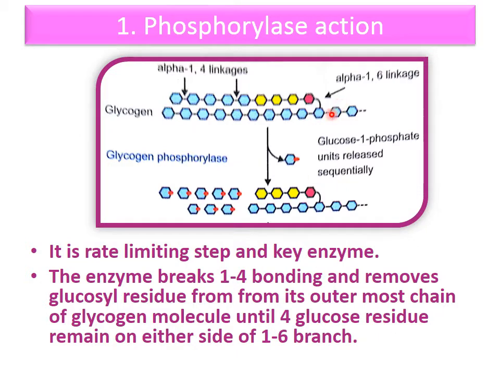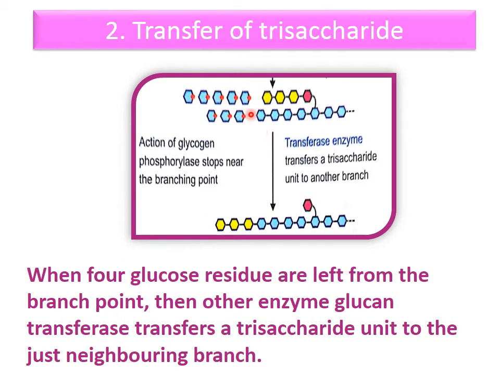Now the first step is the phosphorylase action, in which glucose units are removed one by one as glucose 1-phosphate. This enzyme breaks 1,4 bonds and removes glucose molecules in the form of glucose 1-phosphate. The second step is transfer of trisaccharides.